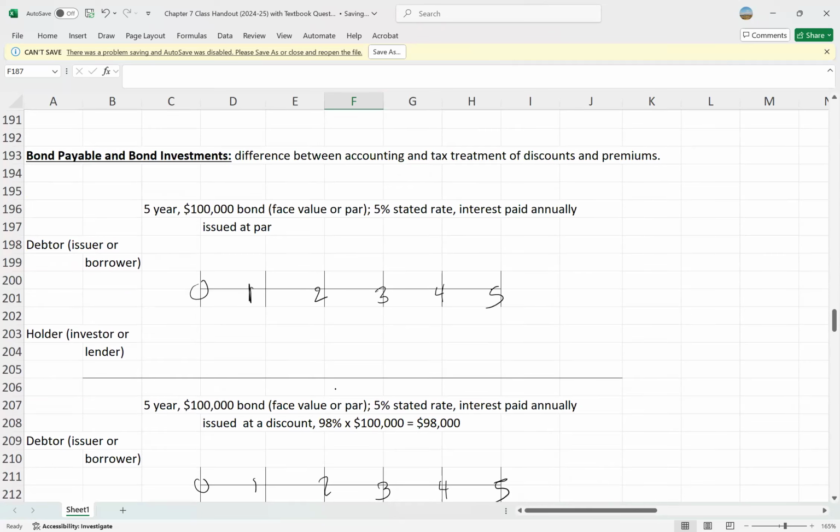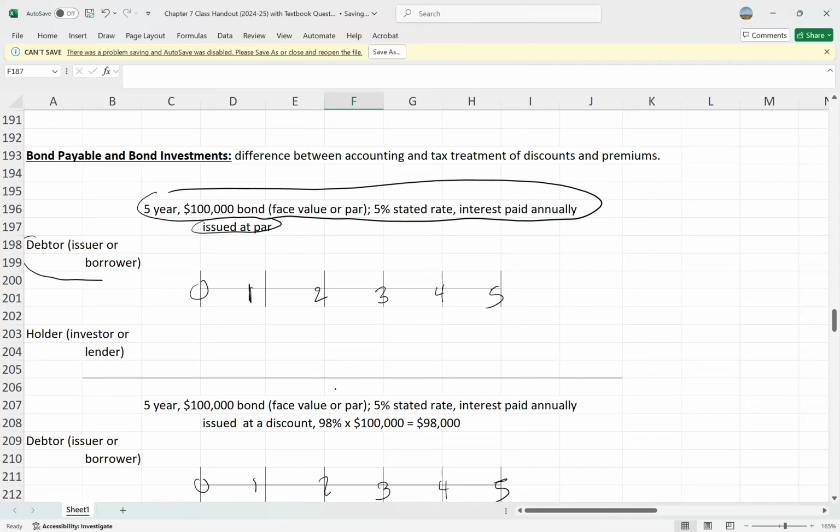So let's look at this first example here. We have a 5-year, $100,000 bond, and the interest rate is 5%, and the interest is paid annually. Let's say this bond was issued at par. We have the borrower, who's also known as the issuer of the bond, they're the debtor. The holder of the bond is the investor or the lender. So let's think about their cash flow.